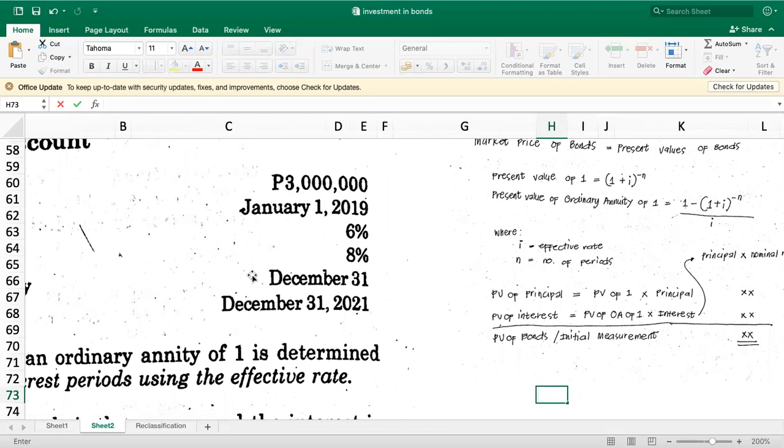Okay, negative 3. You have 1 plus 0.08 raised to negative 3. So you have 0.79. 2 decimal places lang yung ginamit, di ba? So you have 0.79. Ito yung PV of 1.